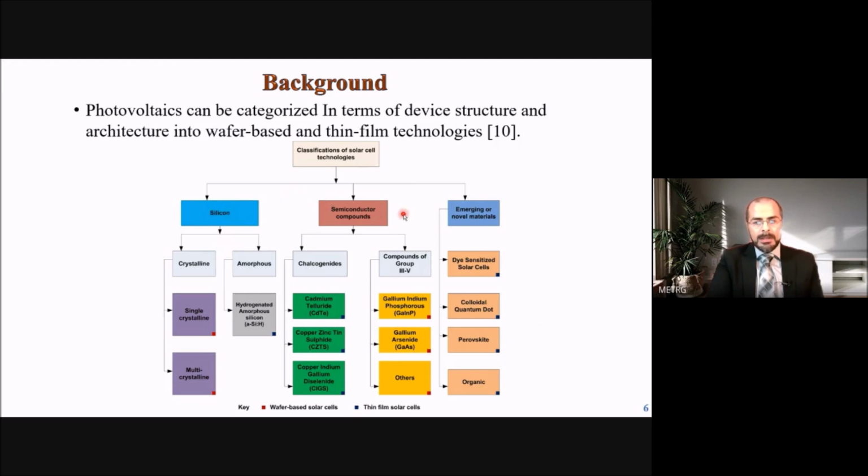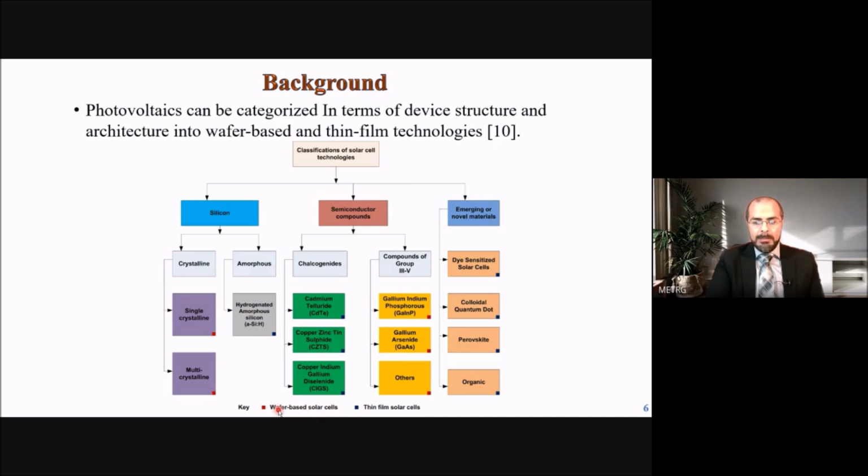The other one is the compound semiconductors. The last one is emerging novel materials and perovskite thin films. Some of the thin film technology is in there. So this is all the technologies in solar cells. We have only two main categories.